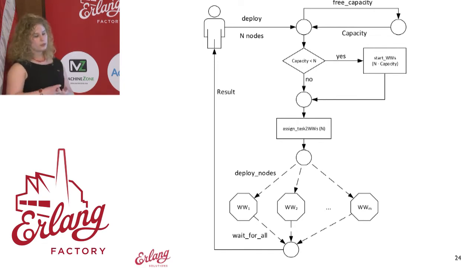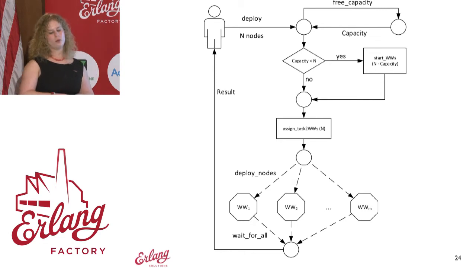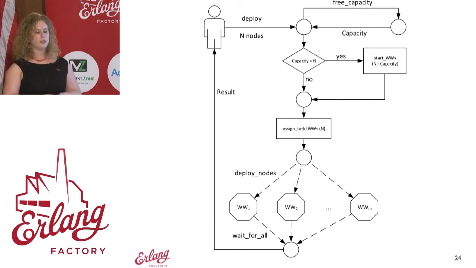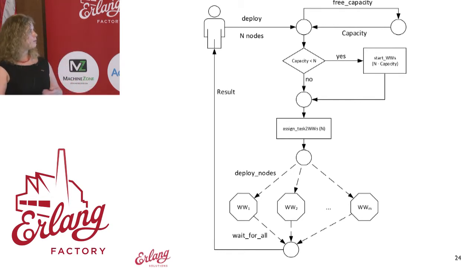The free capacity of the system is the maximum number of nodes that can be assigned to a worker wombat without overloading the system. If the capacity is enough, then MetaWombat does nothing. Otherwise, it starts new worker wombats to be able to fulfill the request.